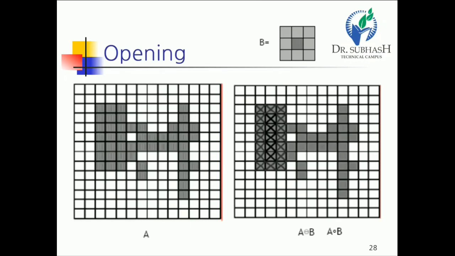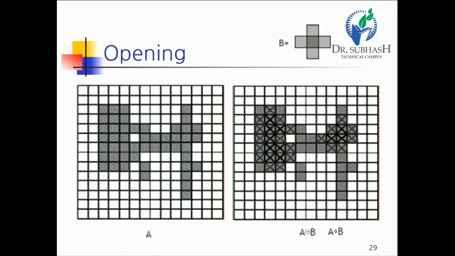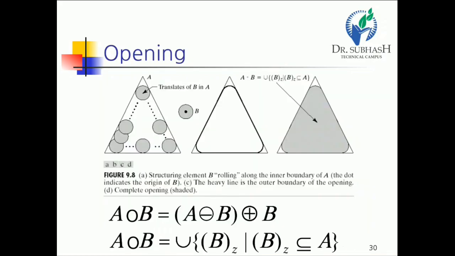This is the representation of opening. Here is the set A, this is the set B, and for the result of opening of A, we first find A eroded by B and then dilate the result, giving A opening B. Another example of opening uses a different method.